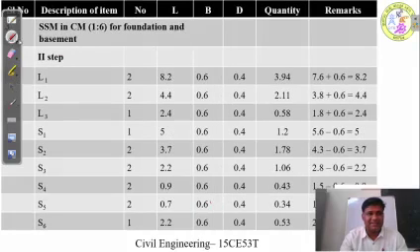So in the second step, the center line length plus the breadth of the second step. How much is it? 0.6. The depth of the second step is how much? 0.4. Let us clarify this.